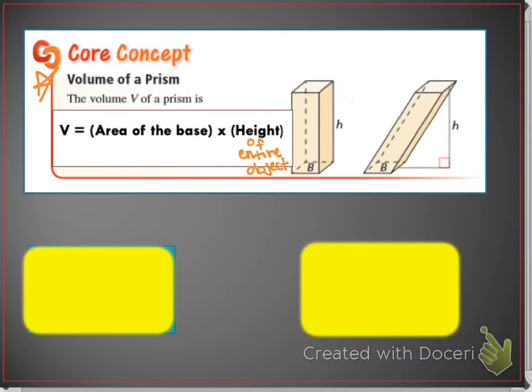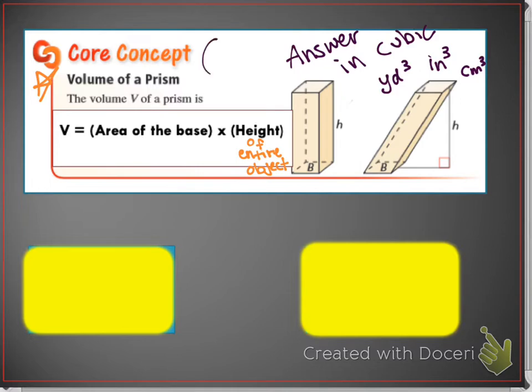And then something else to remember is that you're going to answer in cubic whatever. So what that means, it would be like inches cubed, yards cubed, centimeters cubed. The reason being, area, you remember area.